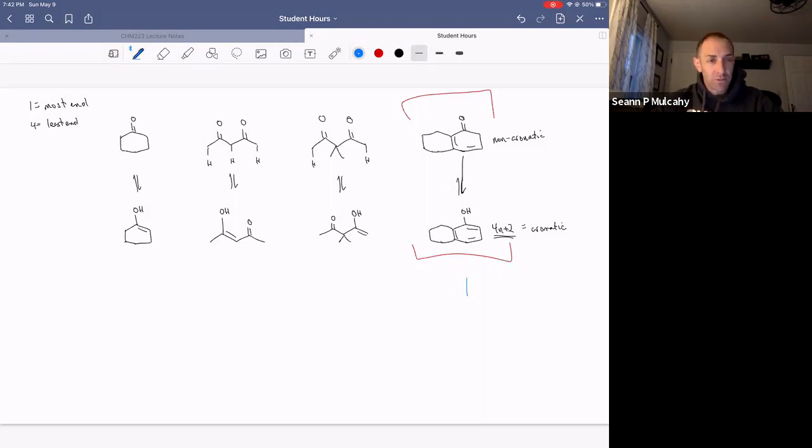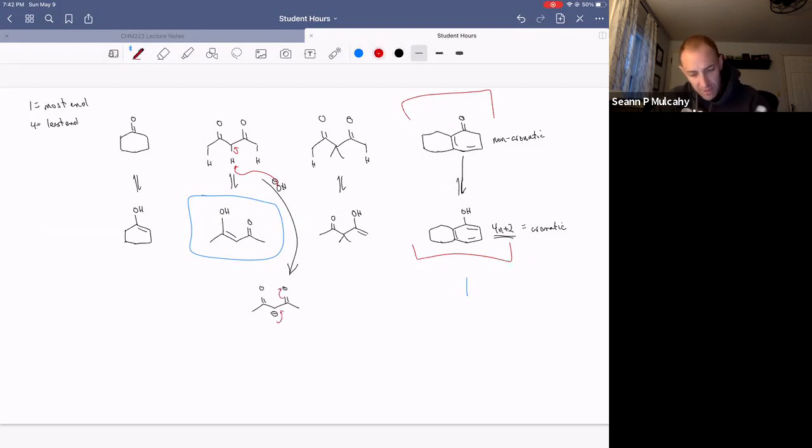There's conjugation. If you were to take a look at this enol form, you've got electrons that could be delocalized throughout this system. There is resonance if we take a look at the deprotonation of this molecule. So let's say we took OH minus. We could deprotonate this molecule, and what would we get? We would get a system that has a negative charge here that could delocalize in both directions.